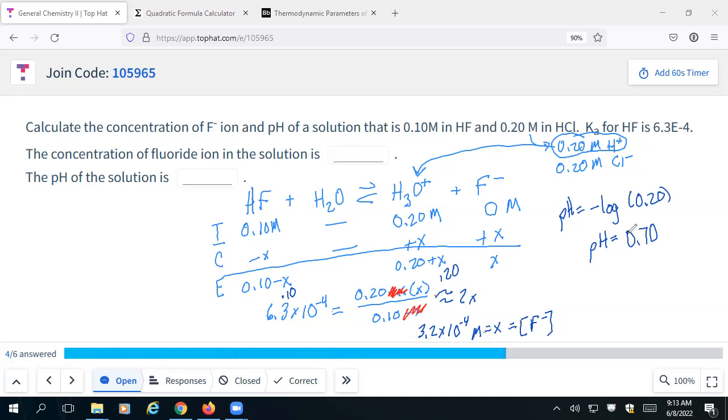So you might be thinking to yourself, well, hold on, this is a weak acid. Why is the pH so low? Well, we have to remember that we added a strong acid to it as a demonstration of this common ion effect.